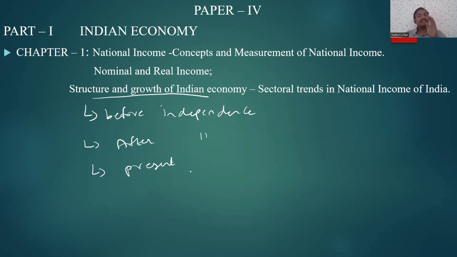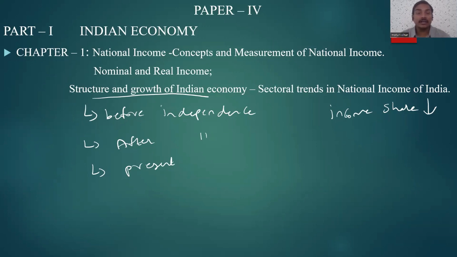That importance is the same for agriculture, but the production, the income share, is decreased. Listen carefully. Here, income share is decreased. We are not saying that income is decreased. Income share is decreased. Why? Because the service sector is making more money. The industrial sector is making more money when compared to agriculture.